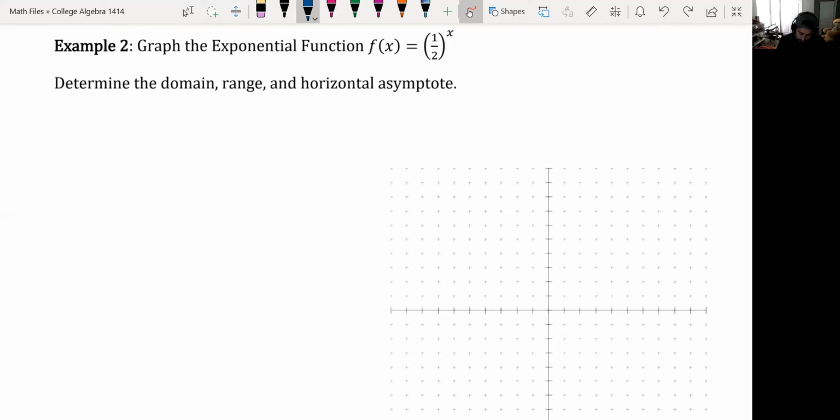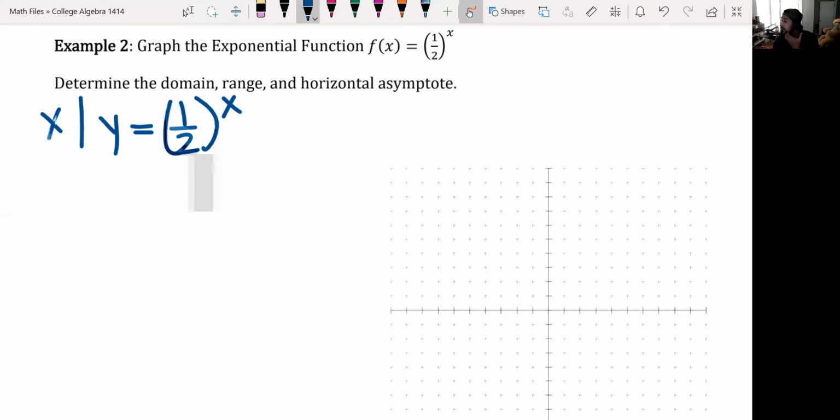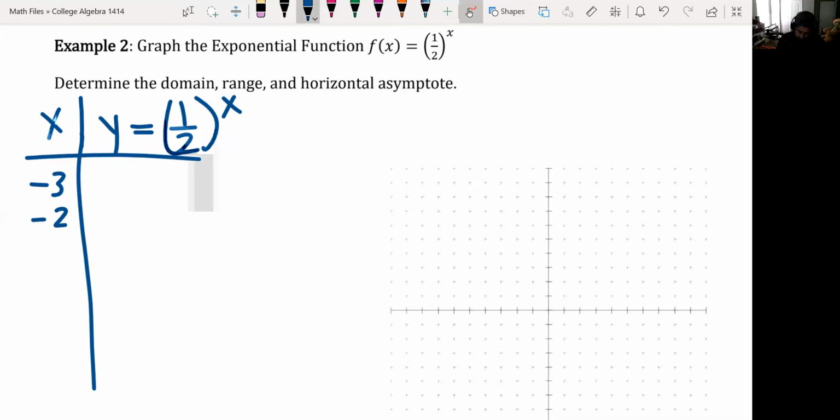So I'll have x and y equals 1/2 to the x. And here's my xy chart. And we'll choose the same numbers as the last one: -3, -2, -1, 0, 1, 2, 3.